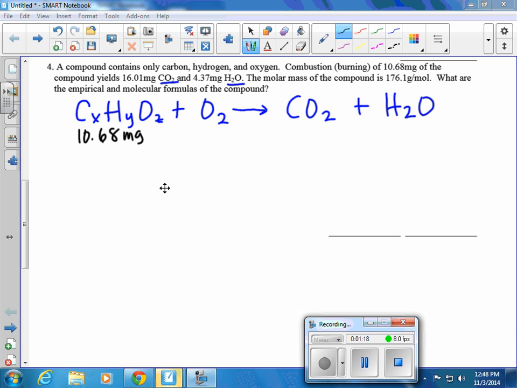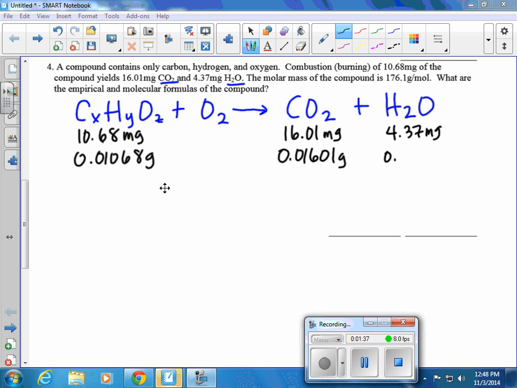I'm just going to divide that by 1,000 and get it into grams right off the bat. And carbon, same thing, I have 16.01 milligrams, and divide that by 1,000. And then I have 4.37 milligrams, divide that by 1,000 to get 0.00437 grams.